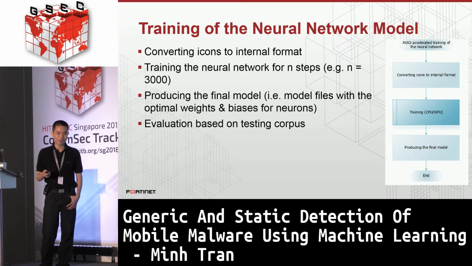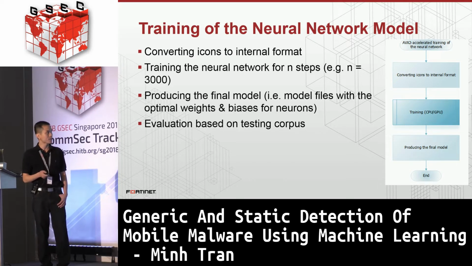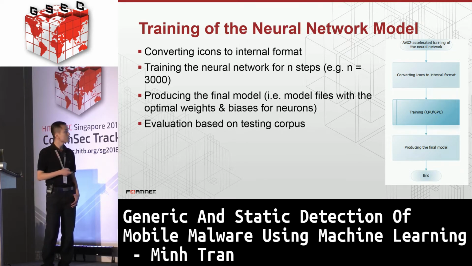In that case, I couldn't spend the time to train the entire Inception v4 from scratch, so I only trained the last layer of the neural network for classification. For the softmax layer, which is the last layer, I only needed to train 3,000 steps, and that's already good enough. And then after it has produced a model file with the optimal weights and biases for the neurons, you can go ahead and do the cross-validation evaluation on various samples.